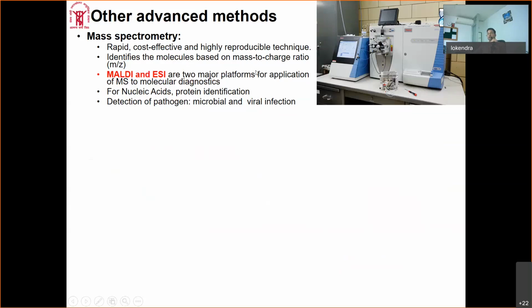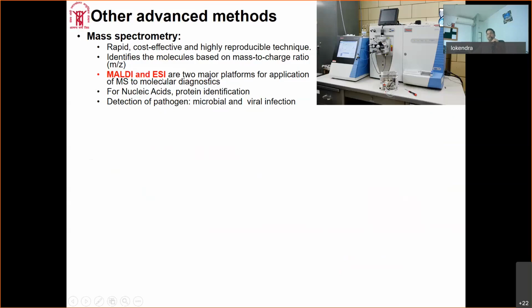These molecules, either a protein molecule or DNA or RNA, are first charged with some sort of ionization, and for ionization there are various platforms such as MALDI or ESI. MALDI is matrix associated laser desorption ionization, and ESI is electrospray ionization. These are the two major platforms used for mass spectrometry.